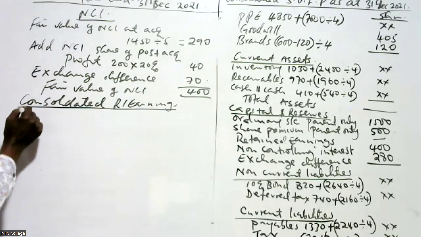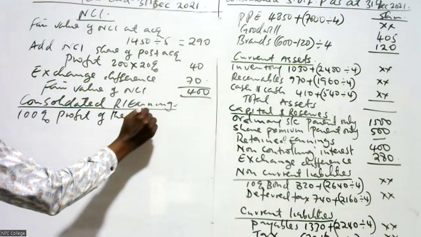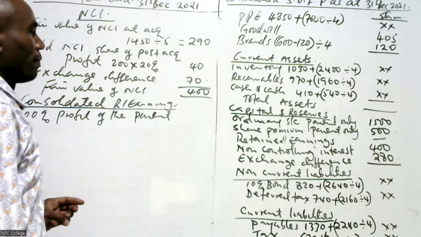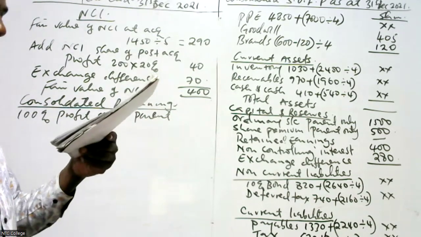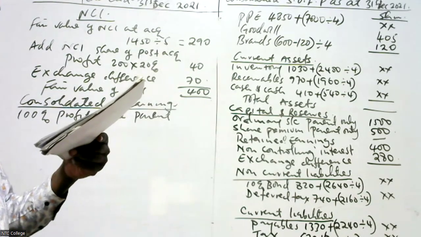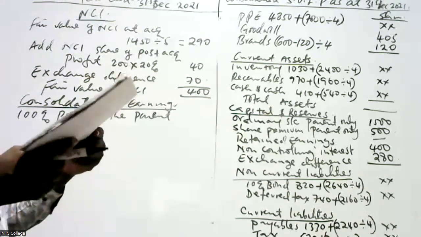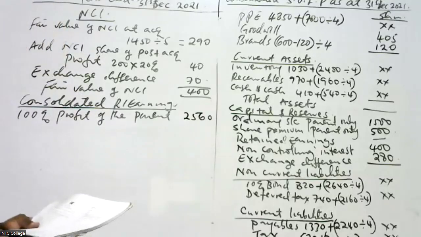Here we take 100% profit of the parent, which is 2560 from the balance sheet.